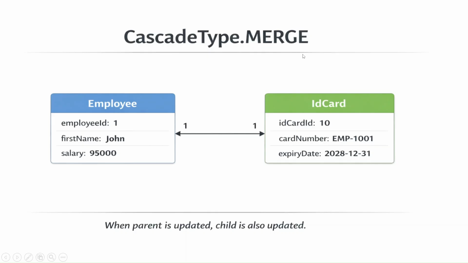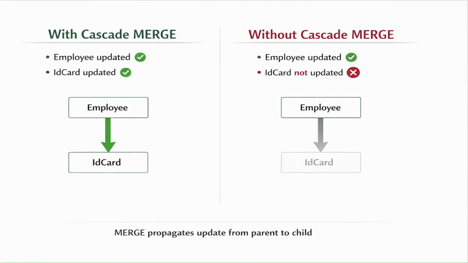So don't worry about this definition. Once we do the hands-on, you will be able to understand what exactly the definition means. So let's begin. So if we see the next slide, we are going to try two examples. Okay, the first one with the cascade type merge.